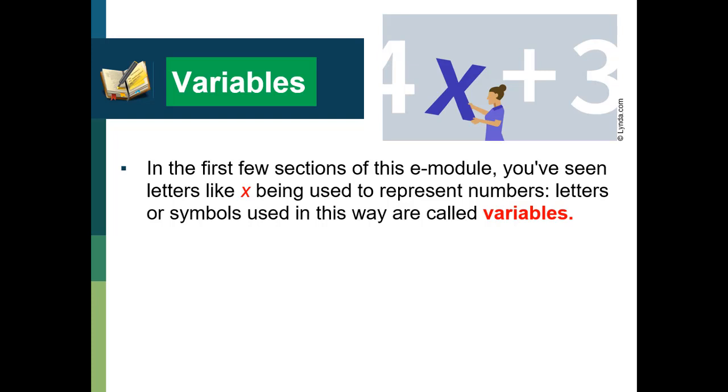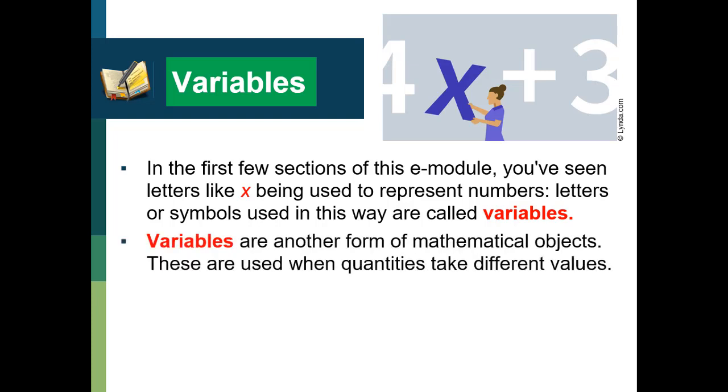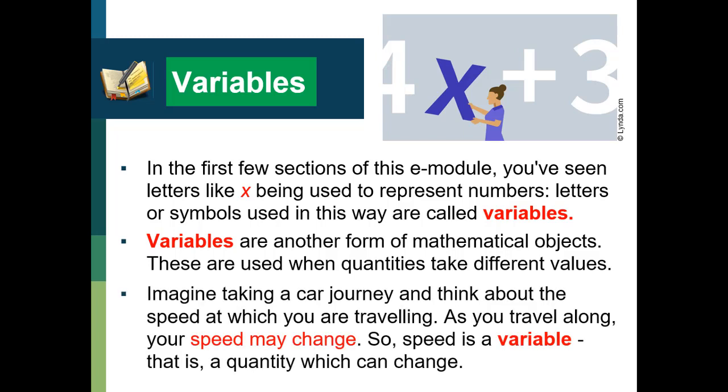Letters or symbols used in this way are called variables. Variables are another form of mathematical objects. These are used when quantities take different values. That's why from the word variable, it is free to vary. That's why it can take different values.